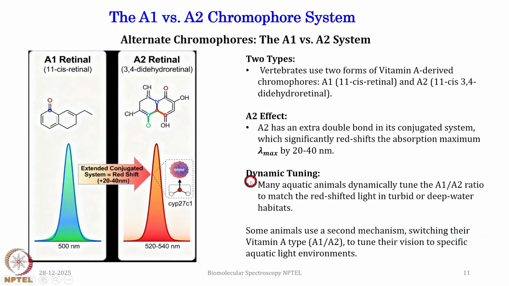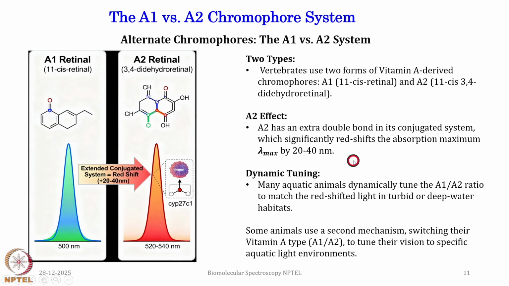Now, this can do dynamic tuning. So, many aquatic animals dynamically tune the A1 to A2 ratio to match the red shift in turbid or deep water. So, nature again has provided the animals the tunability by just switching between these chromophores.